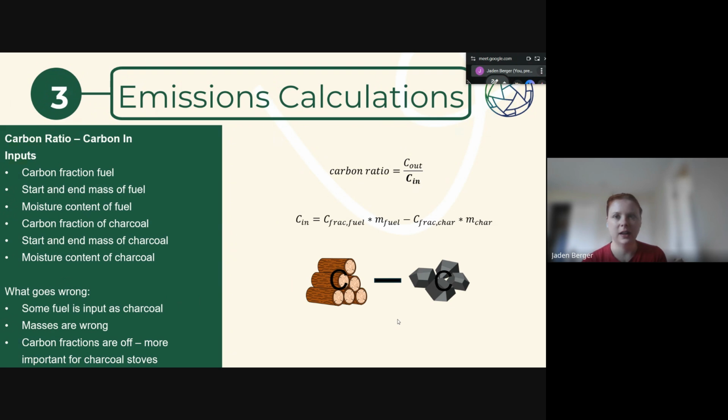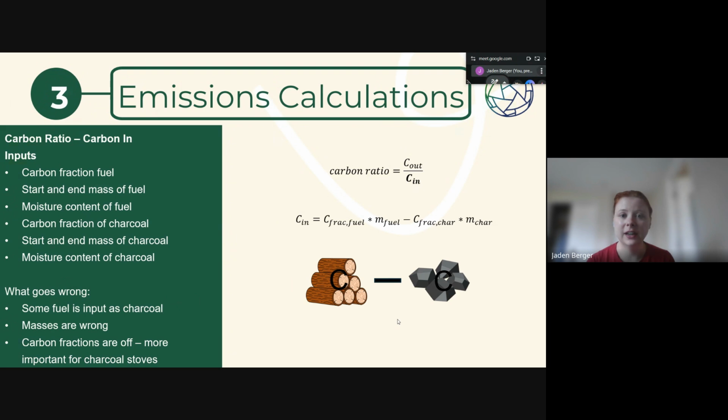This can be hard. Like some of the pellets are actually still wood pellets and they're just a little blackened on the outside. So if we count that as charcoal, charcoal has a much higher carbon fraction than wood. It's 0.9. So 90% of charcoal is going to be carbon, whereas 50% of wood is carbon.